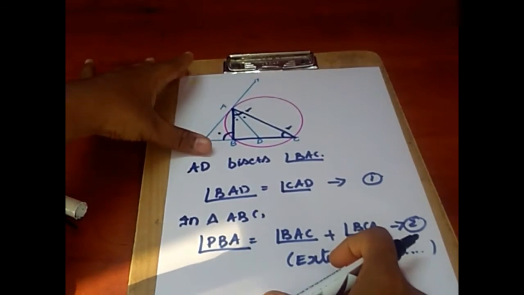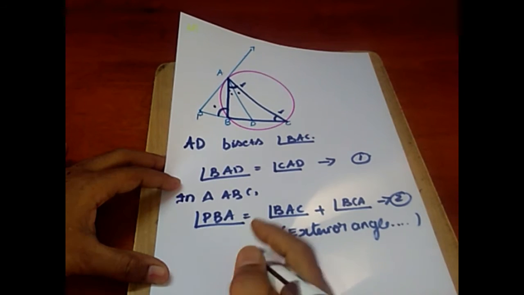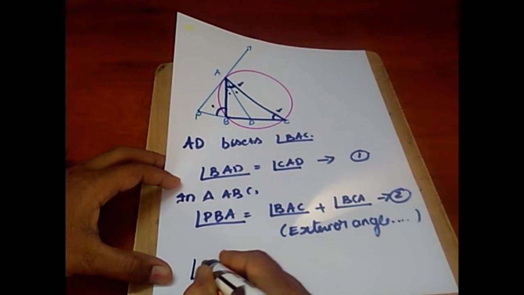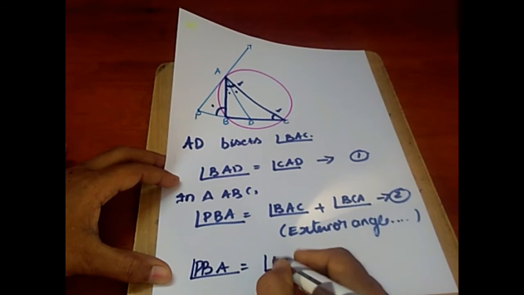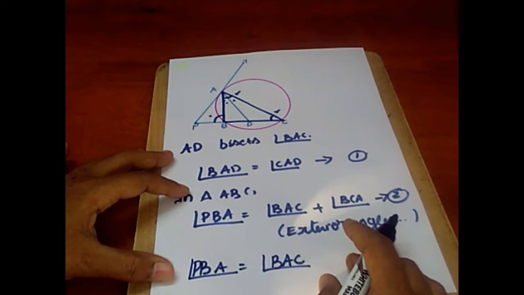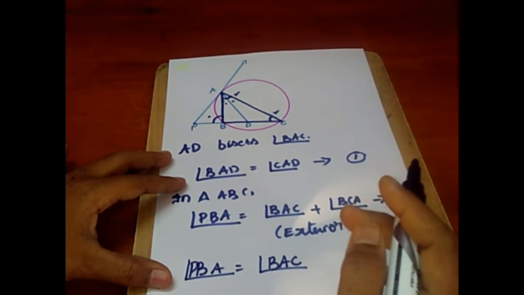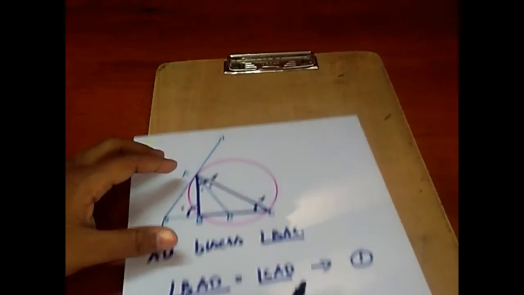Now let us keep the second result, angle PBA. Keep angle PBA as angle PBA itself. Keep angle BAC also same. Now, what is BCA? Did you observe the diagram, children?